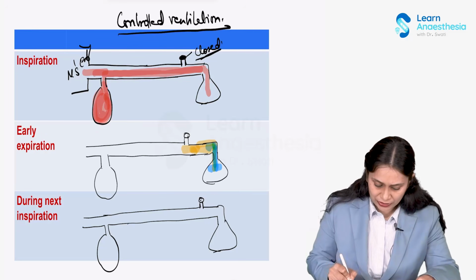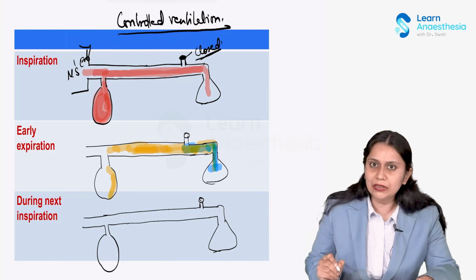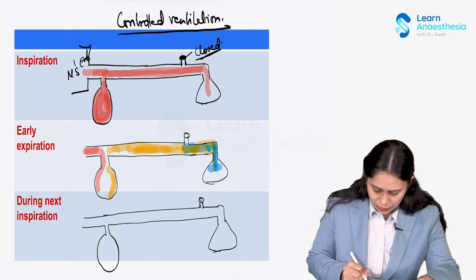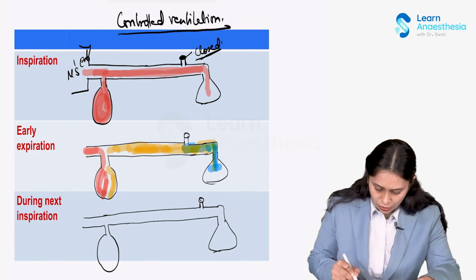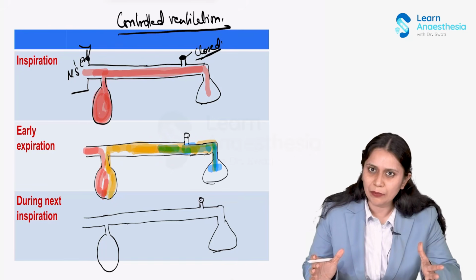When the patient exhales, this would enter the corrugated hose, both the dead space and the alveolar gas, and will further pass back into the breathing hose, and it may enter your reservoir bag from this side. Even the fresh gas is entering, right? And from this side, the dead space gas and the alveolar gas is also entering into the breathing tube. Okay, so whole mixing is happening in it.